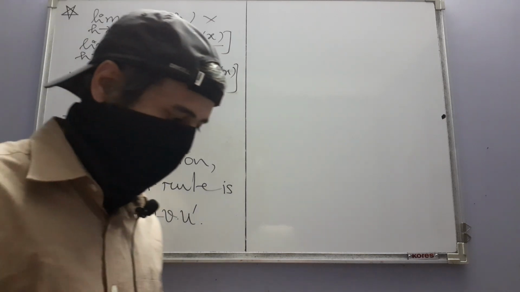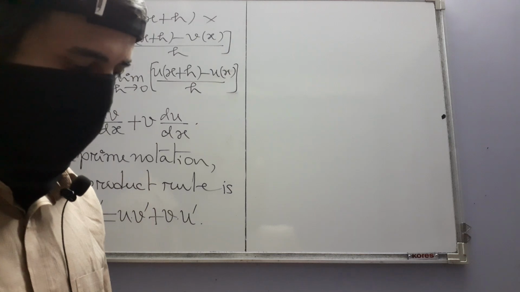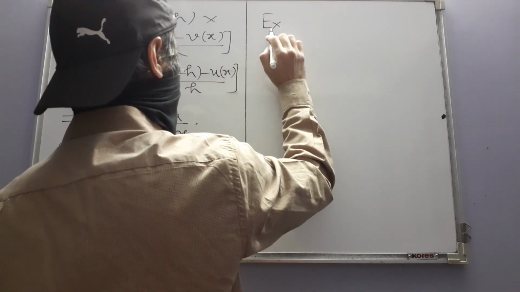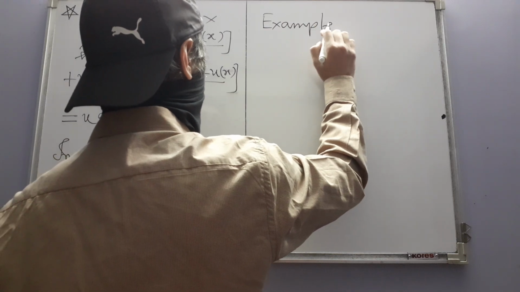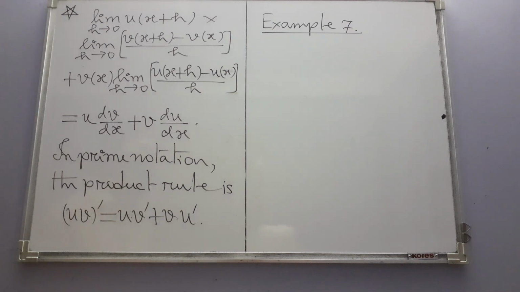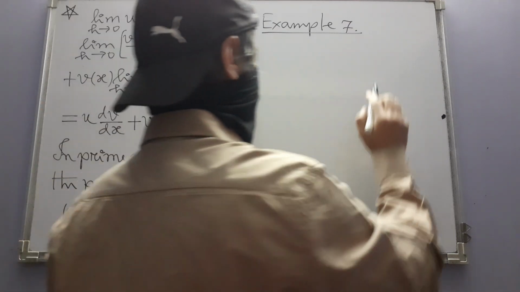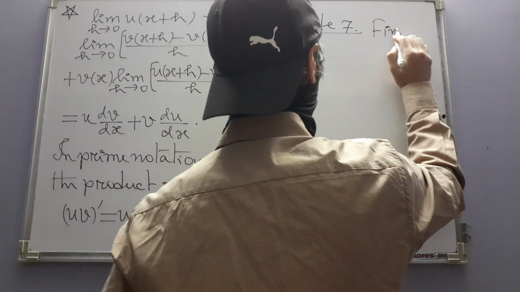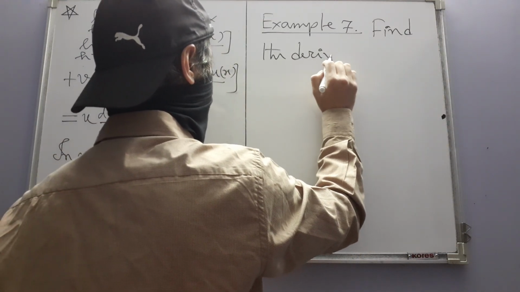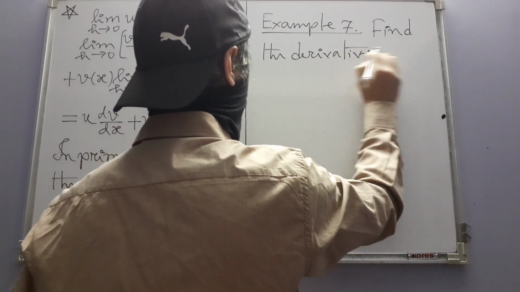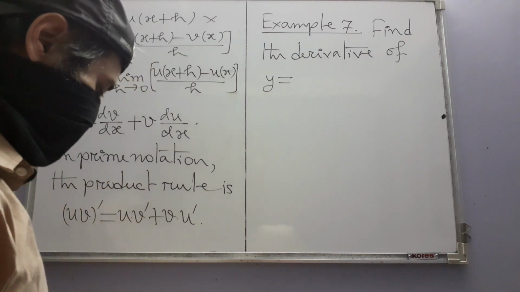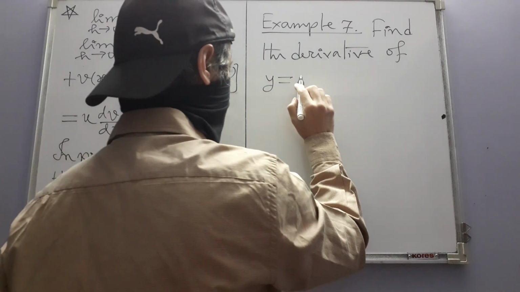And that example is, actually we are going to see two examples. The first one is example 7. 7 means, because we have already seen other examples before, so this is the 7th one. Find the derivative of this function y equal to, so it's a product of two polynomials.